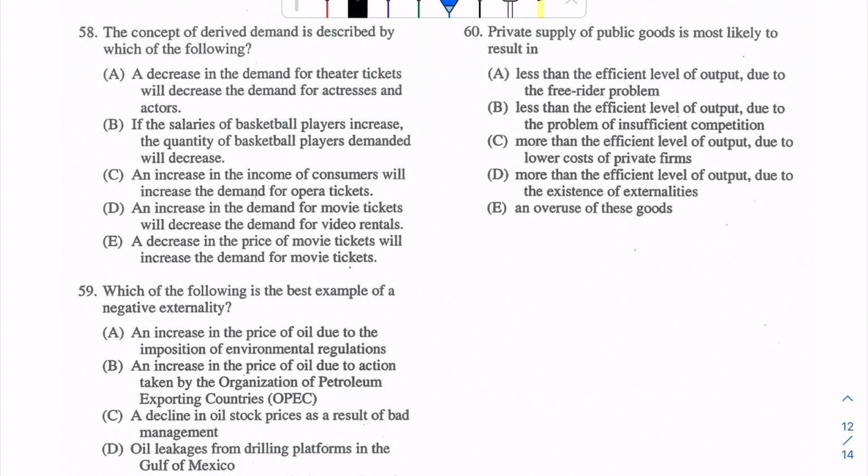So, for example, if there was a decrease in the theater ticket prices, what happened to price? Well, price goes down, marginal revenue goes down, MRP goes down, which is your demand for labor. Boom. A. We would decrease the demand for actresses and actors.